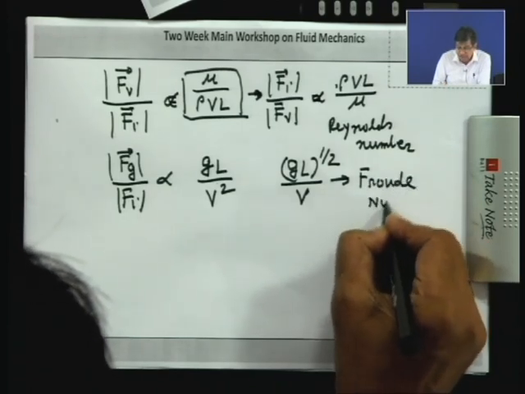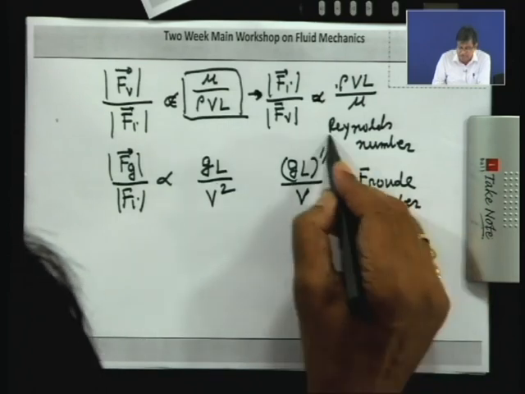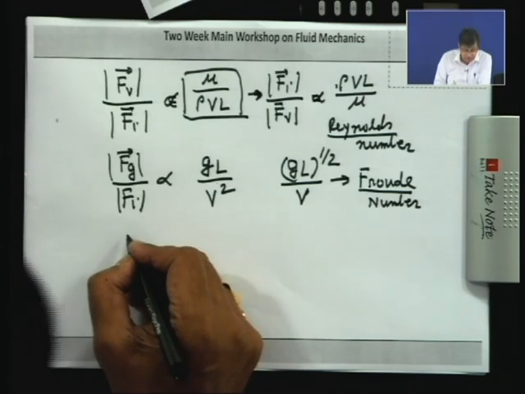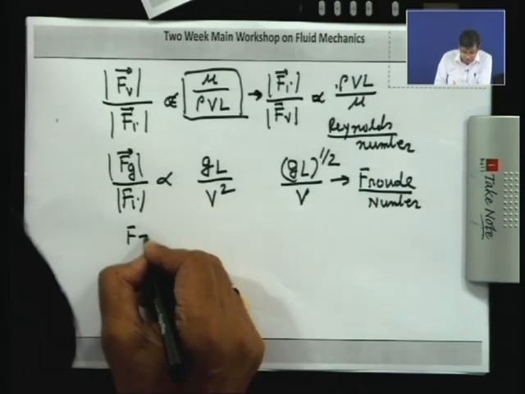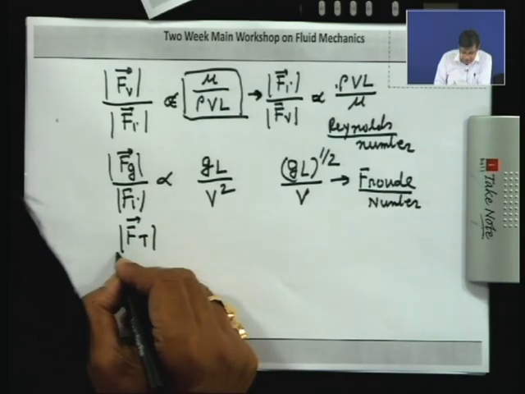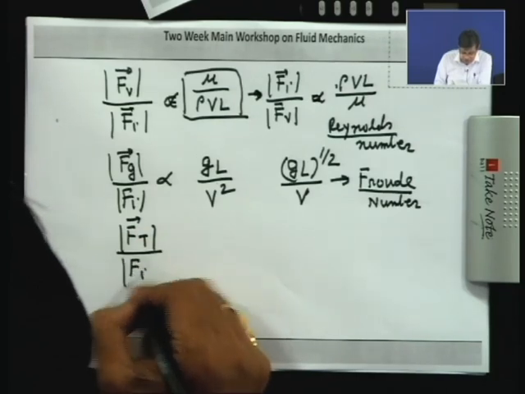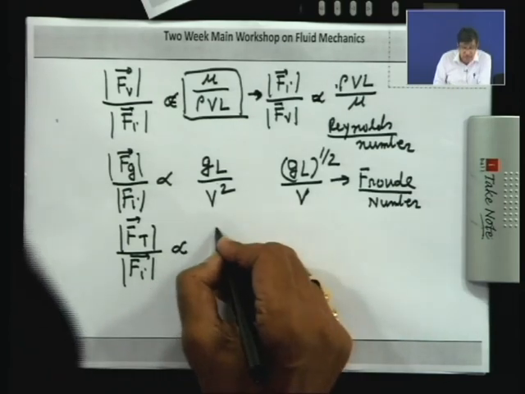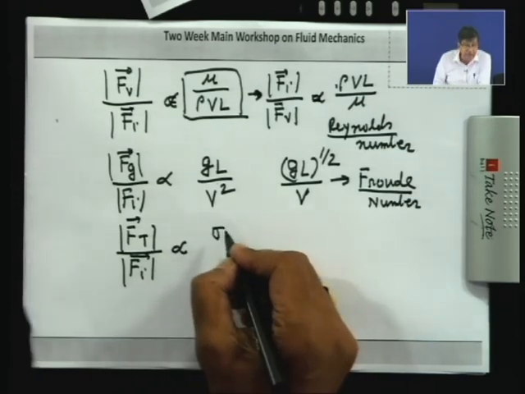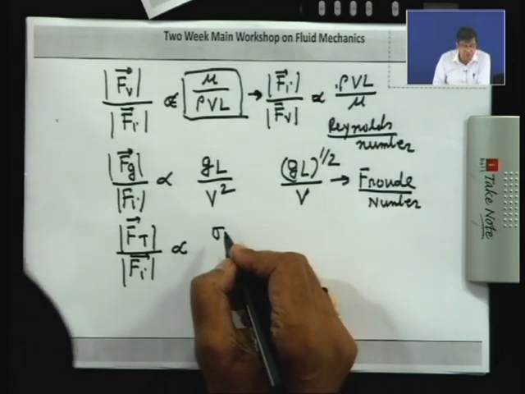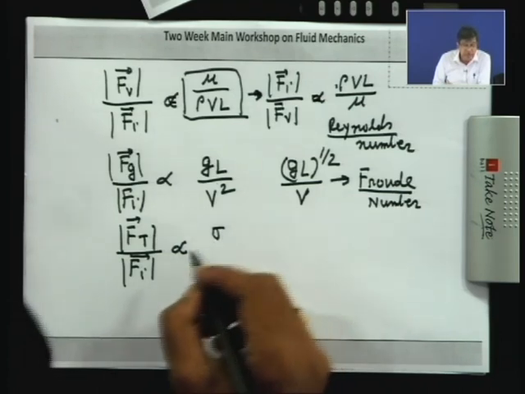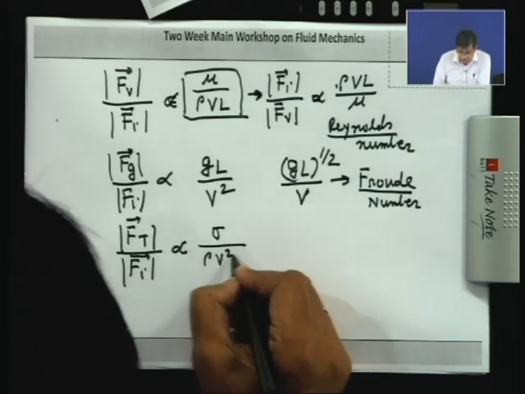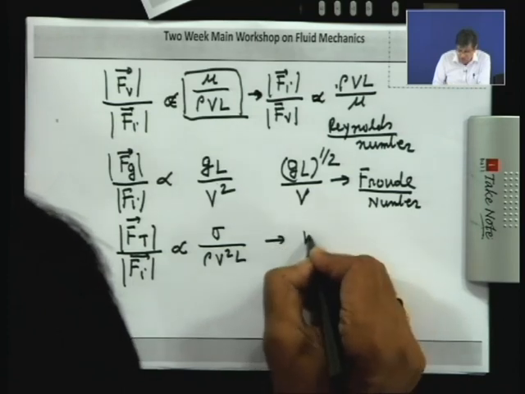These are by definition, and all these numbers are named after scientists, Reynolds, Froude. Similarly, if we take the surface tension force divided by the inertia force, the ratio of this representative magnitude is proportional to sigma L divided by rho L square V square. That becomes sigma by rho V square L, and that is known as Weber number.